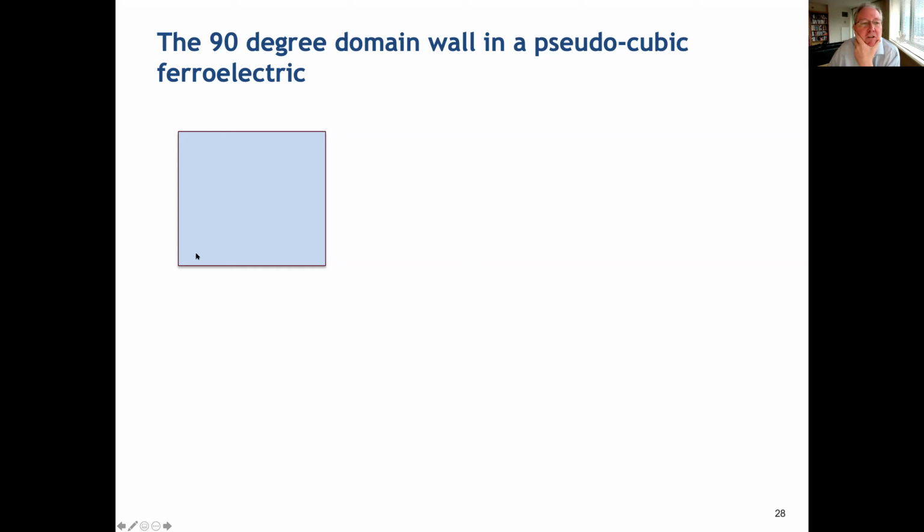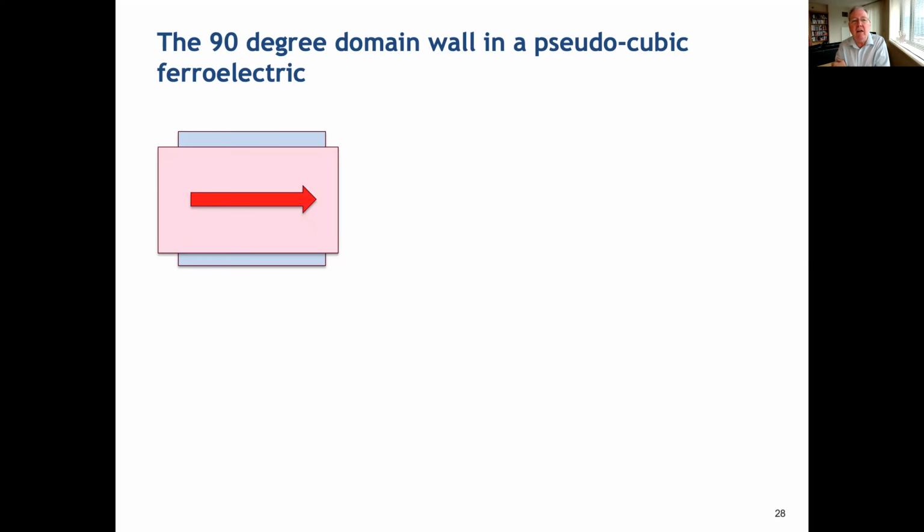Let me think of a material, say like barium titanate, which at high temperatures is cubic, and at low temperatures acquires a dipole, a macroscopic dipole that points in one of 6 directions, broken symmetry. And because the dipole points in a particular direction, like this, let me just get my pointer again.